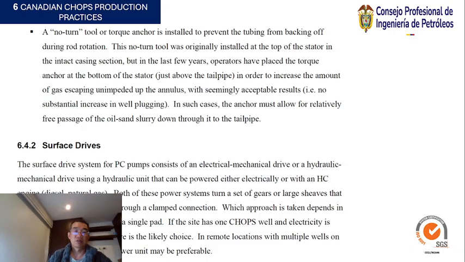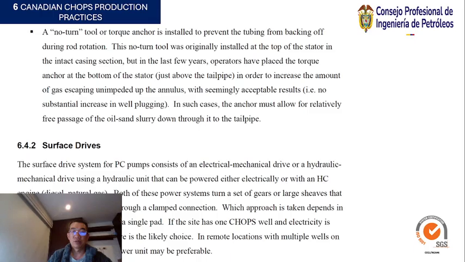6.4.2 Surface drives. The surface drive system for a PC pump consists of an electrical mechanical drive or a hydraulic mechanical drive using a hydraulic unit that can be powered either electrically or with an HC engine, diesel or natural gas.